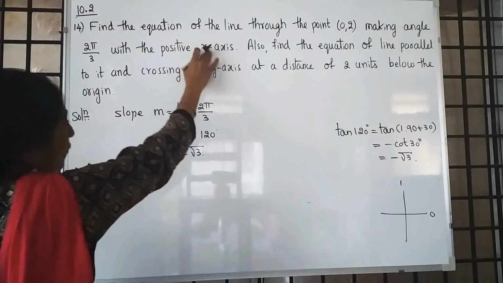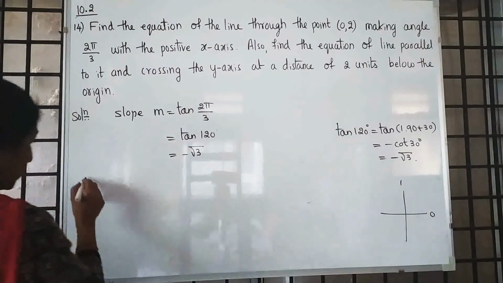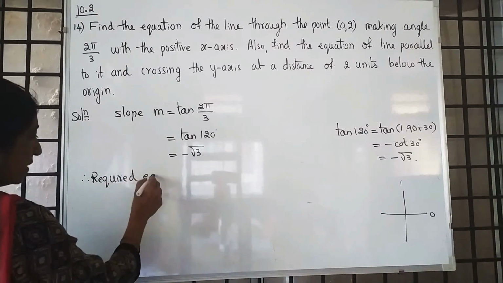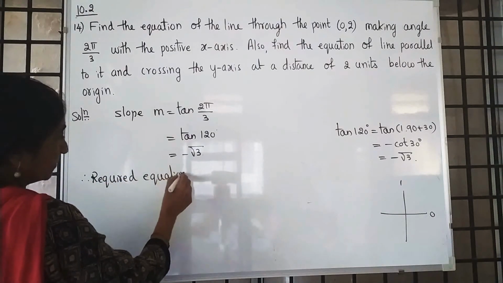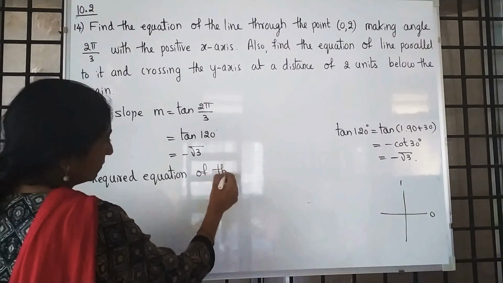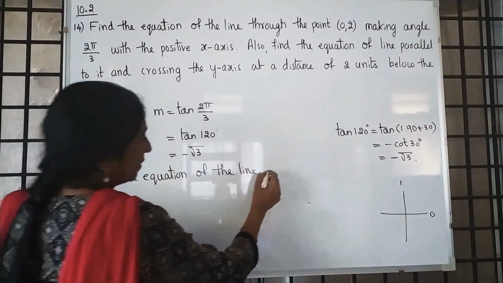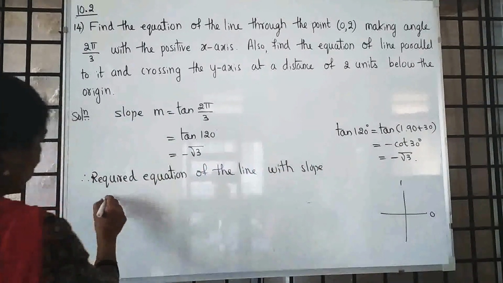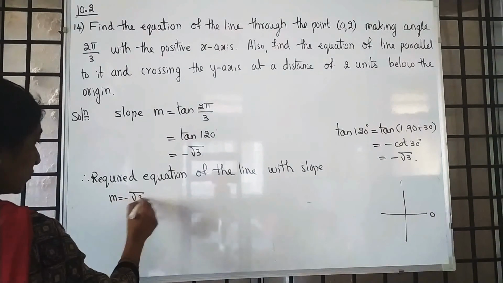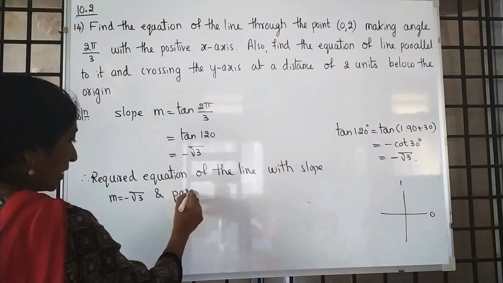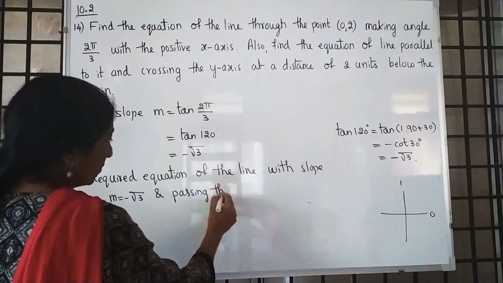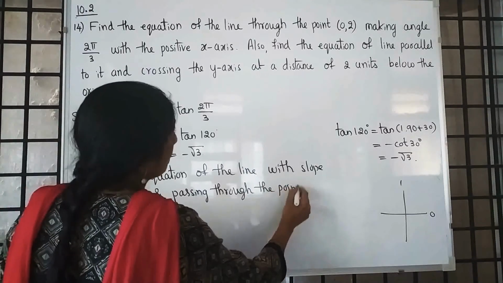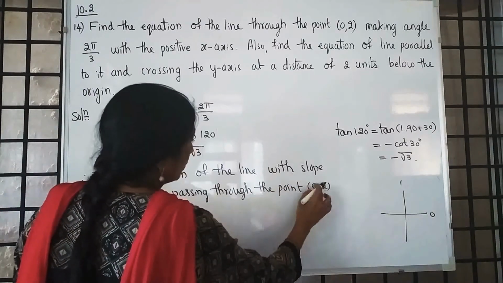Now in the first half, you know the slope and you know the point. Therefore, the required equation of the line with the slope m is equal to minus root 3 and passing through the point 0, 2.